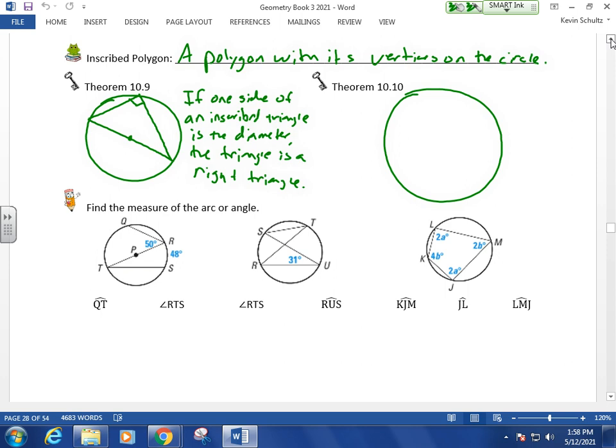If you have a circle with a quadrilateral, a four-sided shape, well, one, two, another point there, a point over here, not quite a rectangle, but okay. A four-sided shape inscribed in a circle.